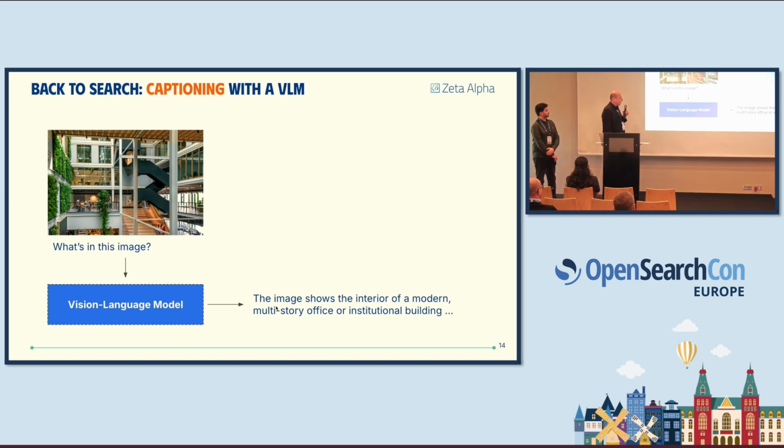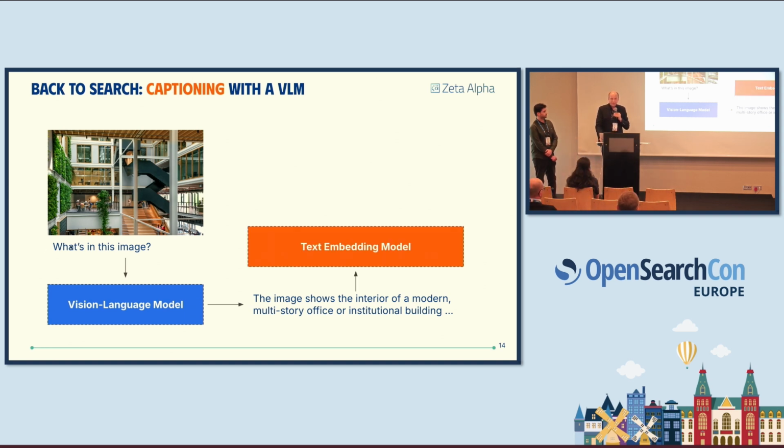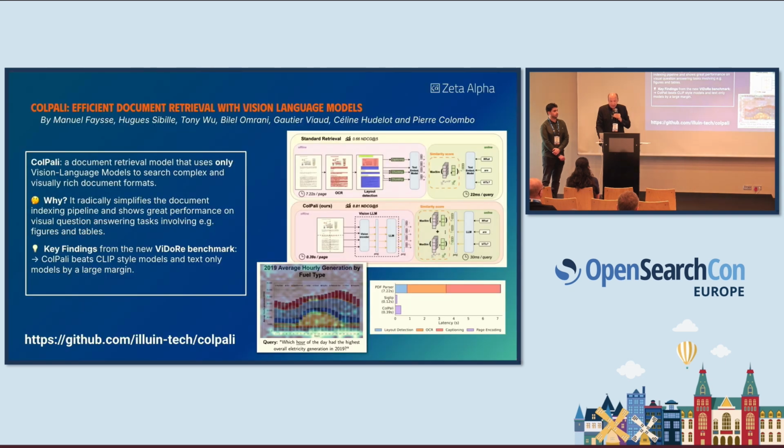It shows the interior of a modern multi-story office or institutional building, but using prompts we can of course make that also much more detailed and rich, describing the plans and the staircase and the type of building. And then we can use a traditional text embedding model and use that as a pseudo image embedding and have multimodal retrieval.